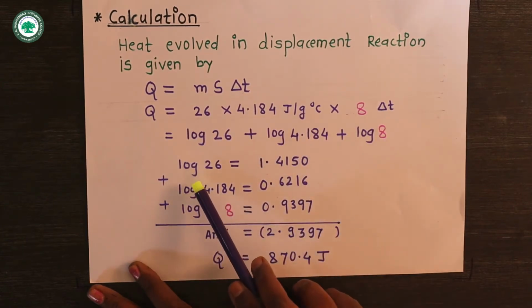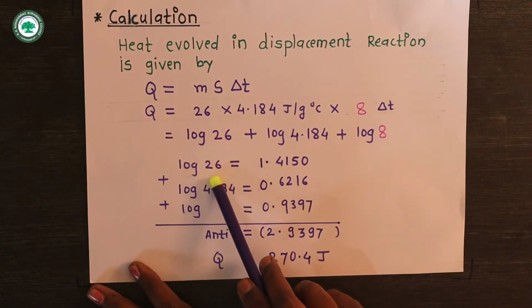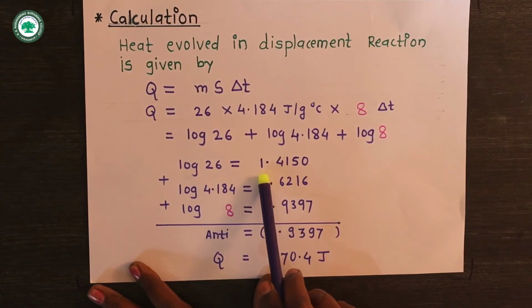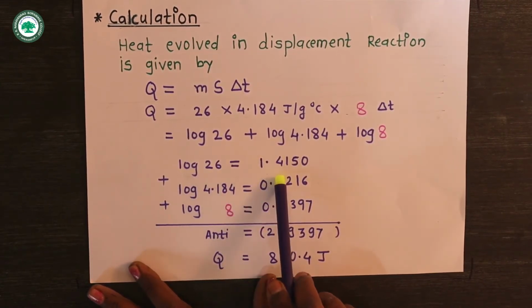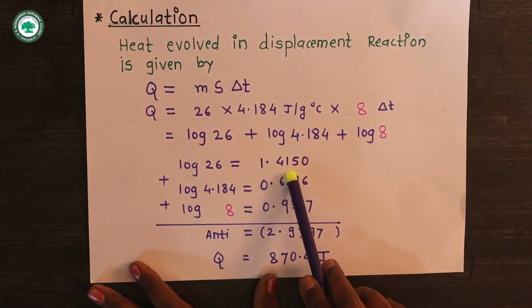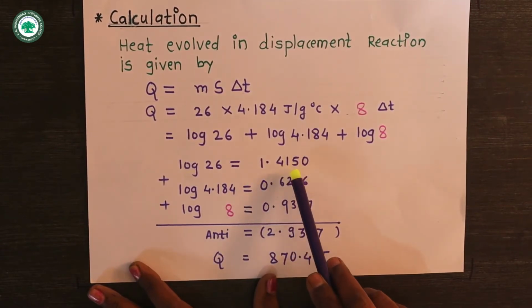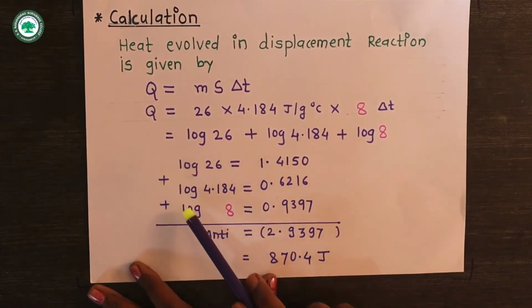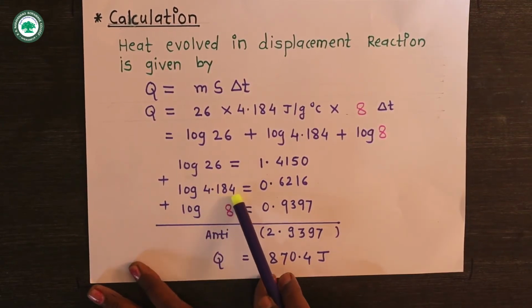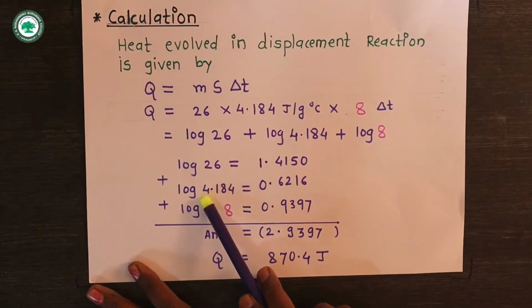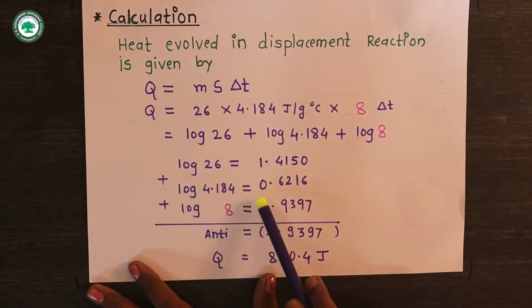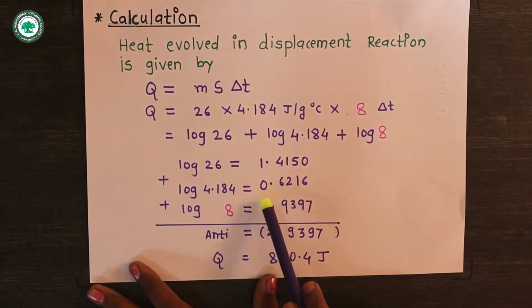Now let us see first log 26. Now it is a 2-digit number, so its characteristic is 1 point. We have to see the log of 26 into 0, and that value is found to be 1.4150. Plus log of 4.184. Now before this point 1 digit is there, so 1 minus 1, its characteristic is found to be 0 point.